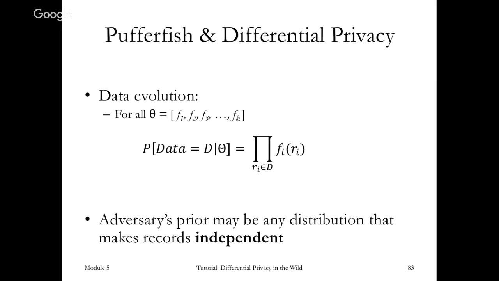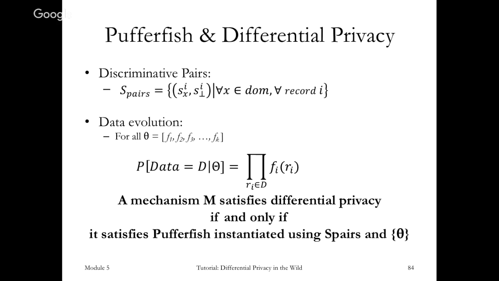It turns out that a mechanism satisfies differential privacy if it satisfies Pufferfish instantiated by this set of secret pairs and this kind of attacker who assumes that there are no correlations between records. Therefore, it gives an explanation of why we had the attack with graphs and adding the Laplace mechanism there. Because when you have correlations between records, then even if you have a differentially private algorithm, you can still learn sensitive properties of the data set. Okay?